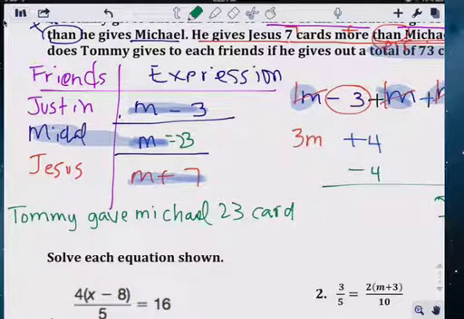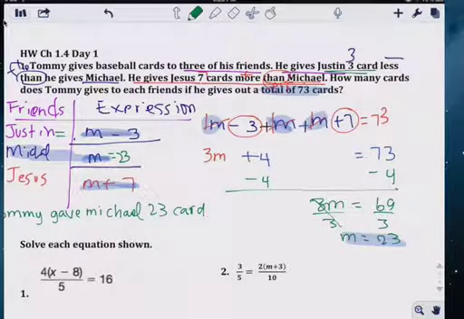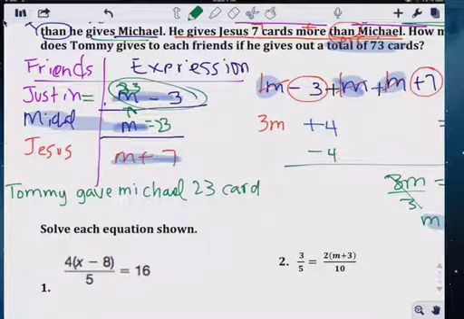Now we can find the others. Justin has 3 less than Michael. So Michael has 23, and Justin has 3 less, so Justin has 20 cards.